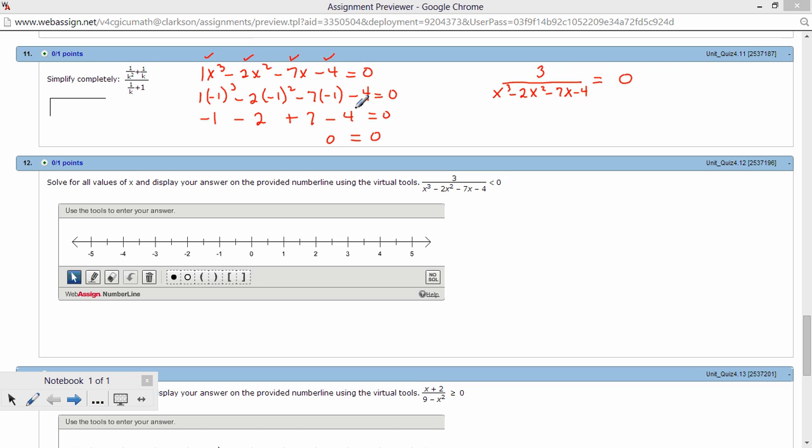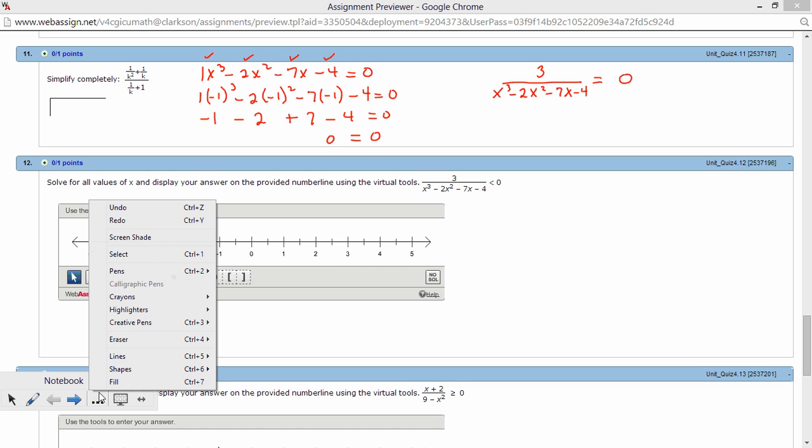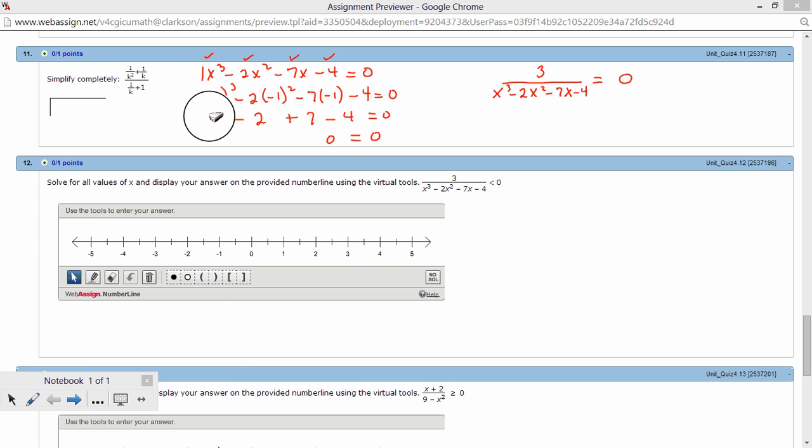From there, I'm going to realize that since negative 1 is a root of this thing if it was equal to 0, then in terms of factors, since negative 1 works, I know, see if this makes sense to you, that x plus 1 would be a factor of this thing if I was to factor it, right?